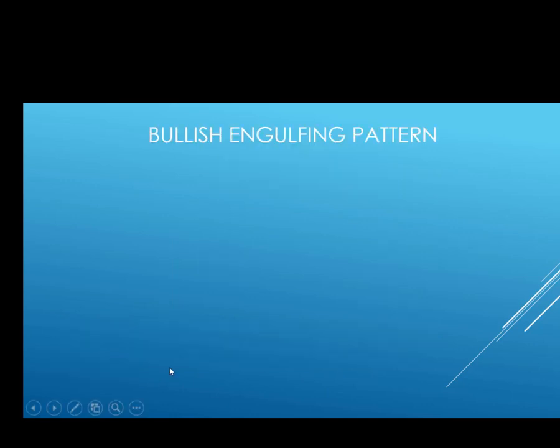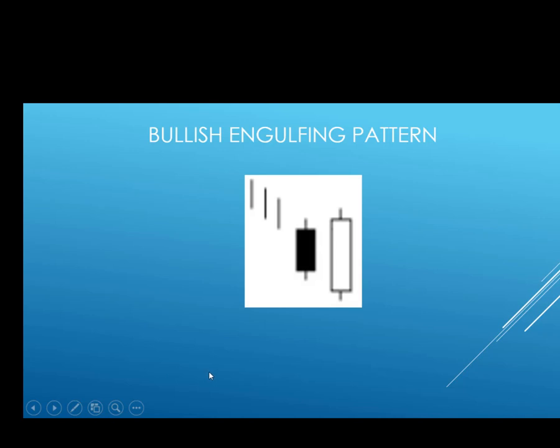So let's move on. Here's a bullish engulfing pattern, which means that we have a bearish decline of some sort. Doesn't matter what shape these candles are, but the engulfing means that the opening and closing engulf the opening and closing of the previous day.